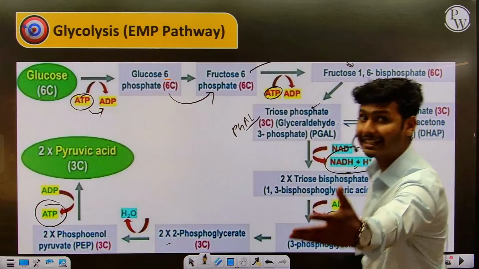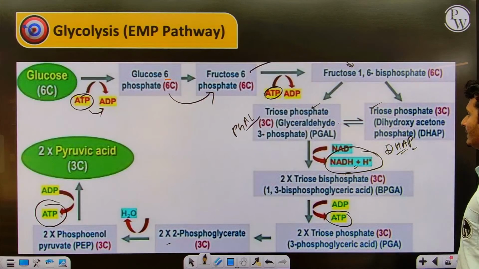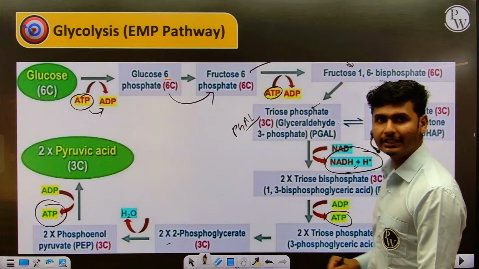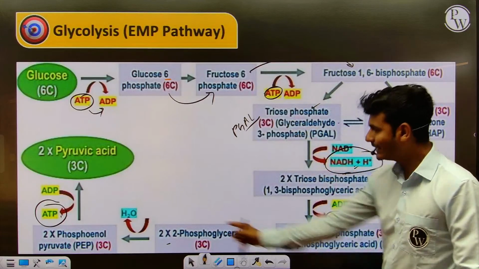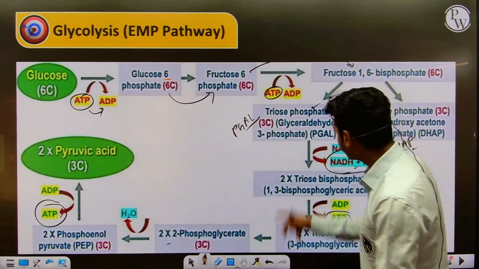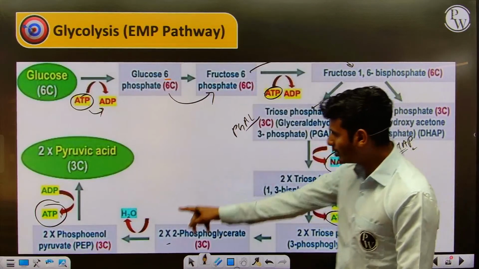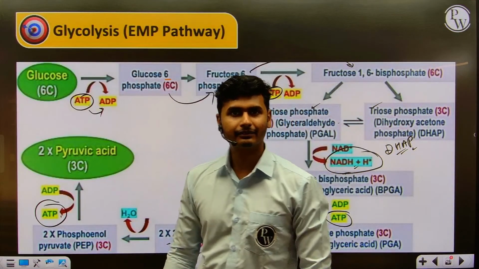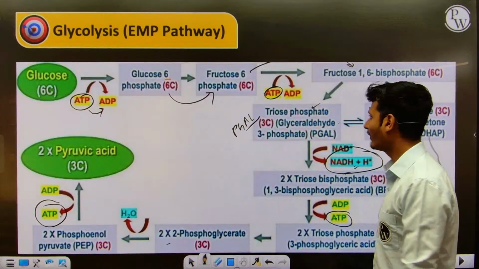What did we keep aside? DHAP. DHAP can convert into PGAL. This reaction takes place a second time. And there are 2 molecules and 2 molecules, 4 molecules of ATP, and 2 molecules of NADH2.